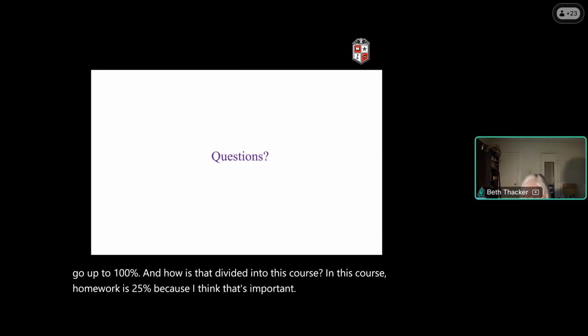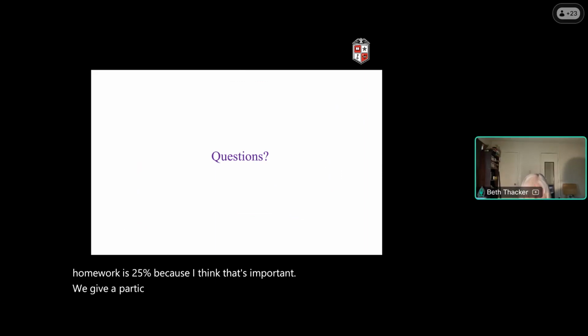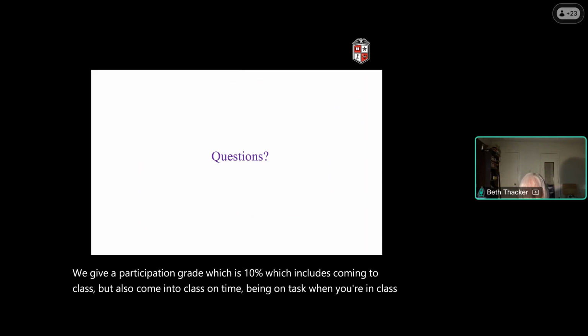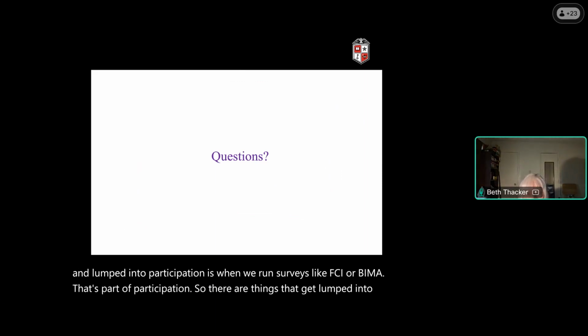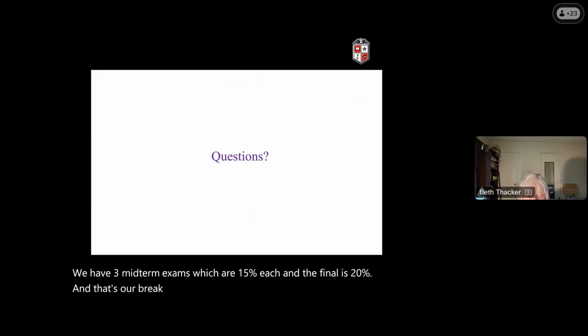We give a participation grade, which is 10%, which includes coming to class, but also coming to class on time, being on task when you're in class. And lumped into participation is when we run surveys like FCI or BEMA. We have 3 midterm exams, which are 15% each, and the final is 20%. And that's our breakdown.